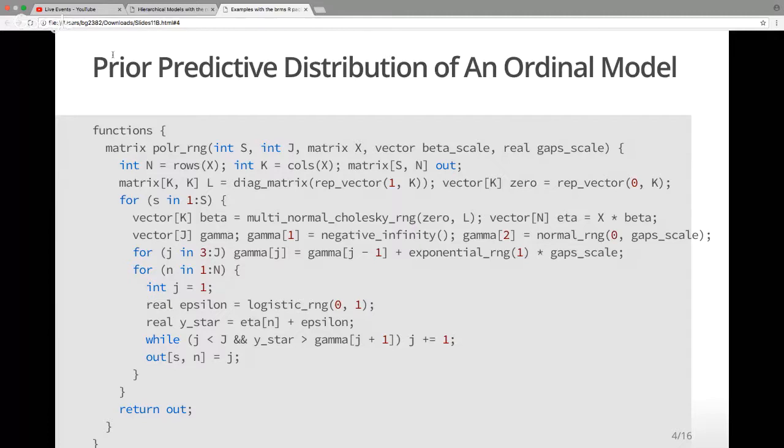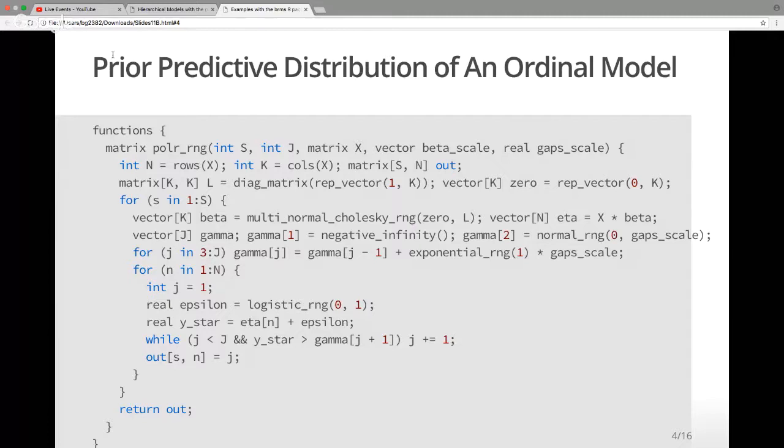And then for categories 3 up through J, I basically have a random walk here, where the realization for category j is equal to the previous cut point plus some draw from an exponential distribution with scale 1, which is guaranteed to be positive, multiplied by another positive number.